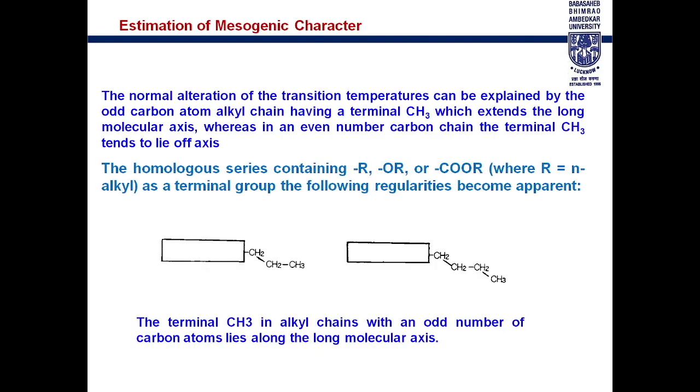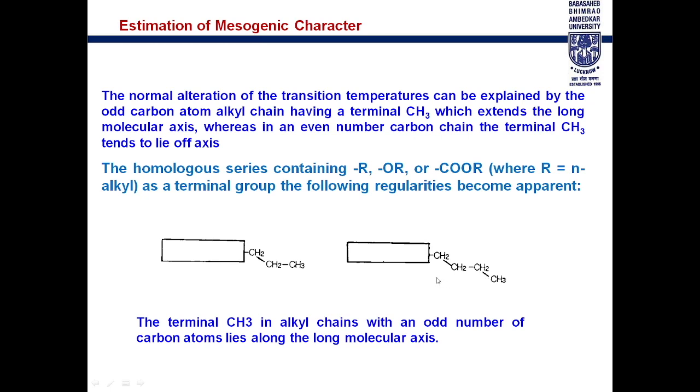The normal alternation of transition temperature can be explained by the odd carbon atom alkyl chain having the terminal CH3 extend along the long molecular axis, whereas in the even number carbon chain, the terminal CH3 tends to lie off the axis. One can see from here that when it is 3, it is in the same axis, but the moment it becomes 4, it goes off the axis.